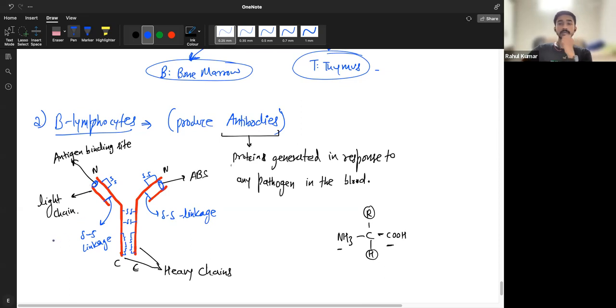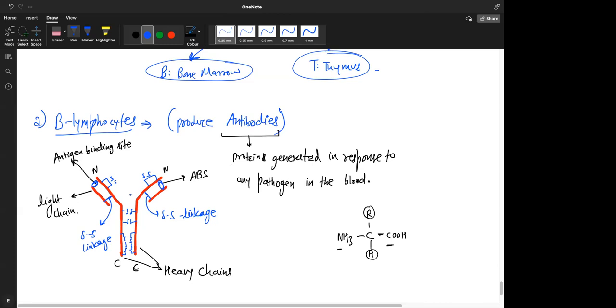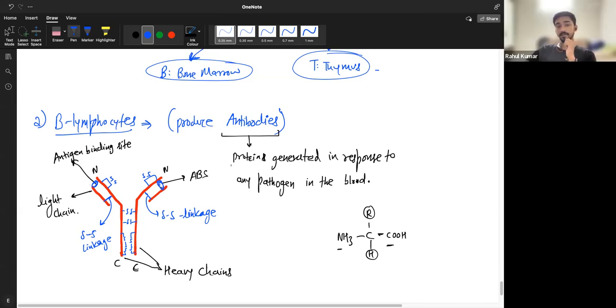Now, you can see that each antibody has how many chains? 4. 2 light, 2 heavy. And one antibody has how many antigen binding sites? 2, sir. 2 antigen binding sites. Now this is the special thing about an antibody. If one antibody can bind to 2 antigens and every antibody can do that, what will happen?